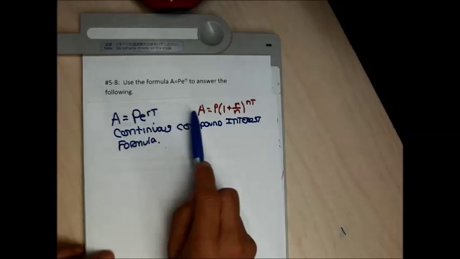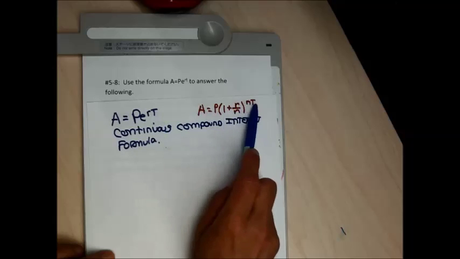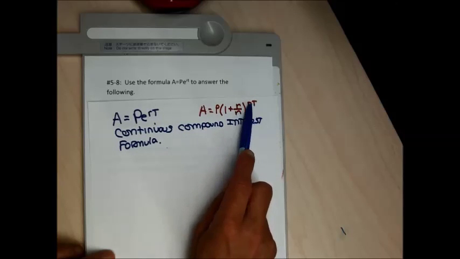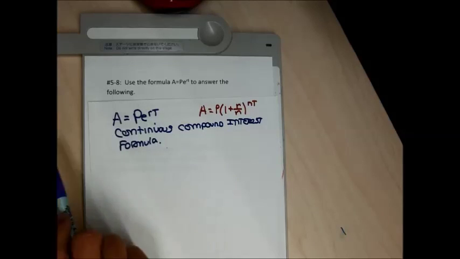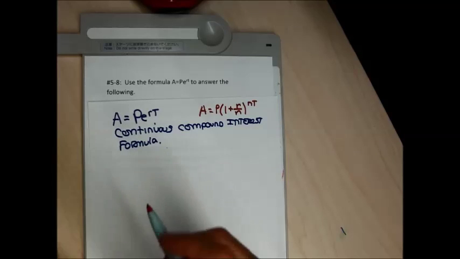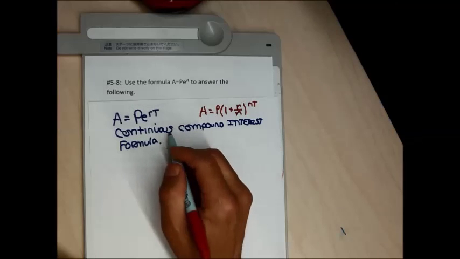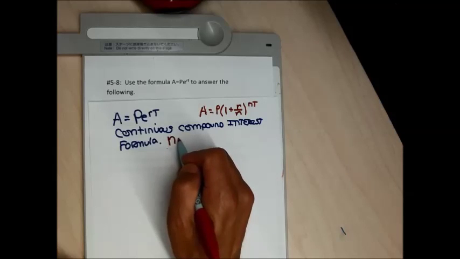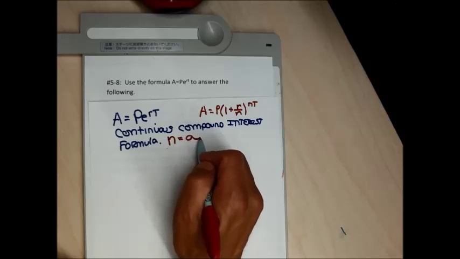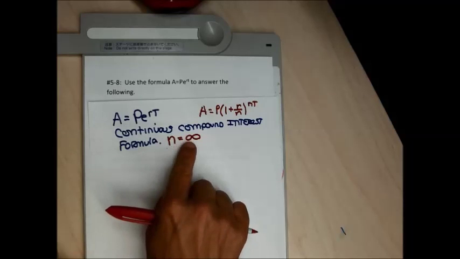They have the letter A, the letter P, the letter R, and the letter T in common, but the compound interest formula that we worked for problems 1 through 4 has an N. This one doesn't have an N. For this group of problems, interest is being paid more than every second of every day. In this particular group of problems, interest is being paid every instant of every day, and the N is equal to infinity. And unfortunately, there's no way to do an infinity on my calculator.